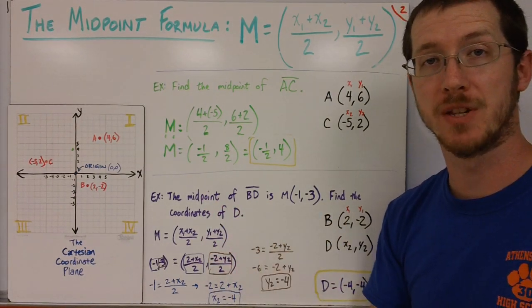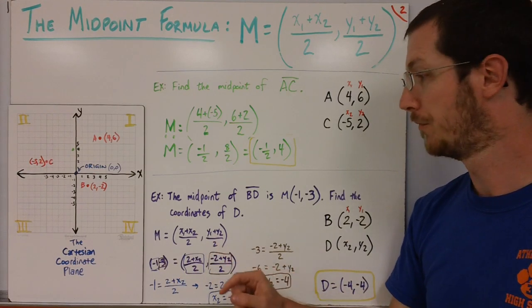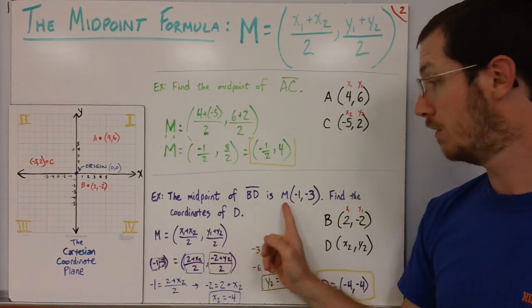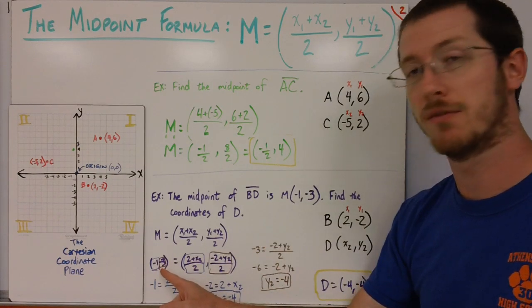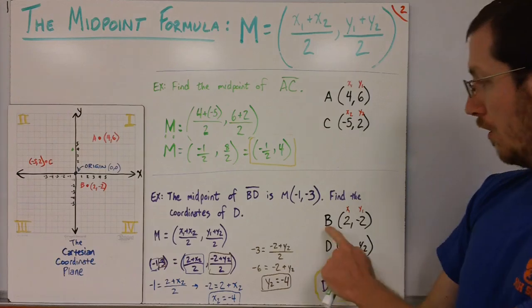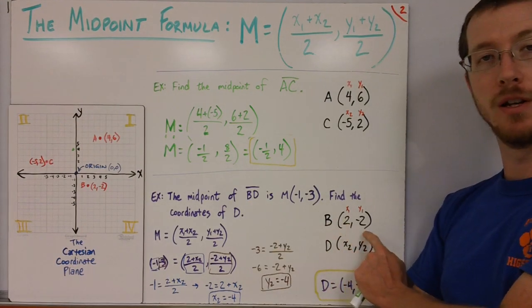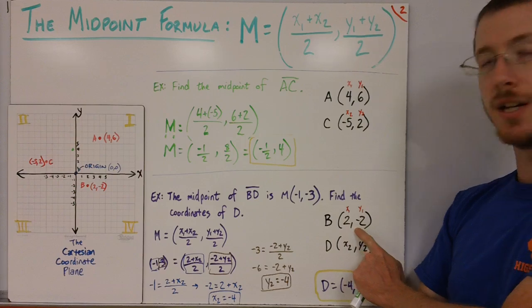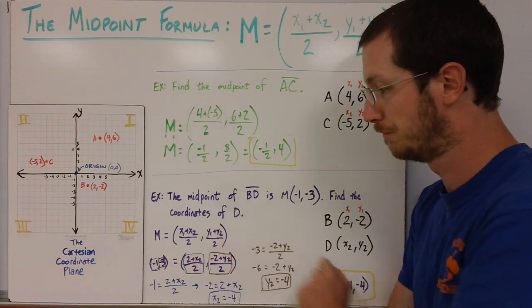We're going to set it up the same way. So starting off using our midpoint formula, plug in what you know. Well, we're told what our midpoint is, so plug that in for M. So negative 1, negative 3 on the left side of the equation. We know that one of our endpoints is B, so we can call that x1, y1, for 2 and negative 2, the coordinates of B. So plug those in for x1 and y1.